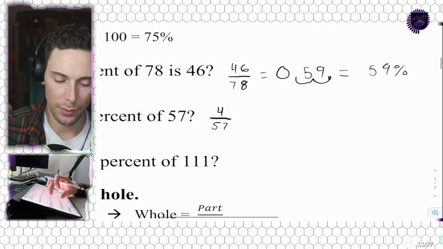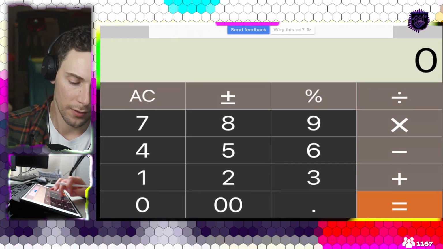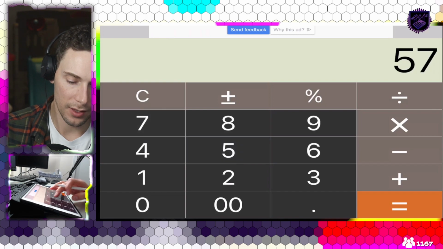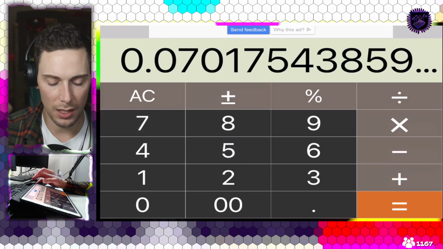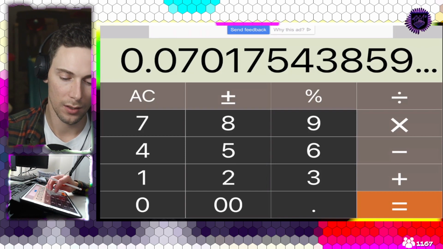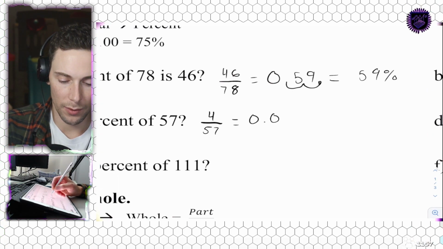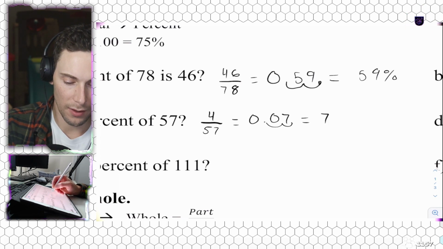So let's do that math. 4 divided by 57 is equal to 0.07 as a decimal. When we move our decimal place over 2, it's going to equal 7%.